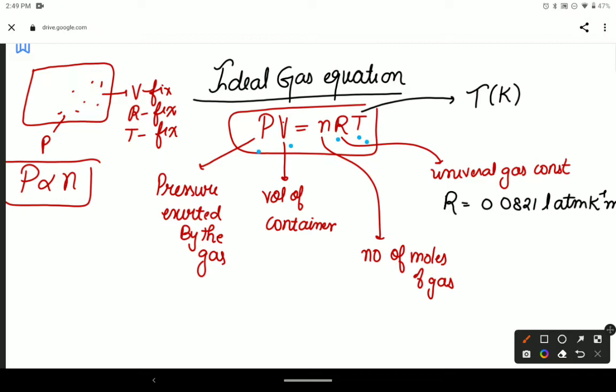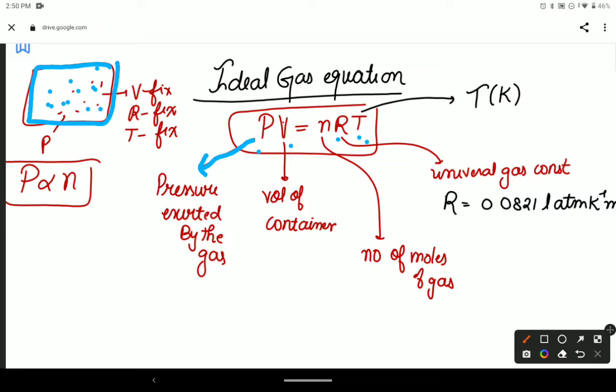So here P refers to the pressure exerted by the gas. See, let's say this is the container. We took some container and some gas is present inside. How much pressure this gas exerts is called pressure in this equation.